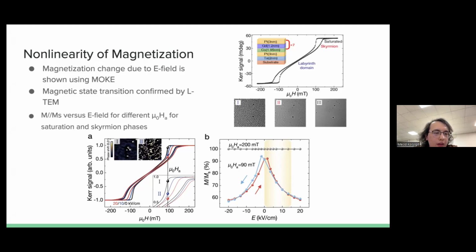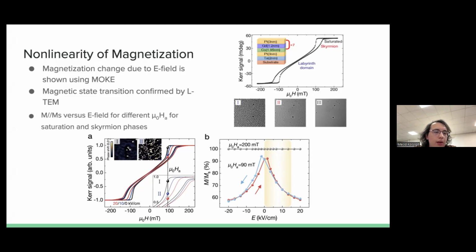So as shown on the upper insets of the figure A, the two MFM images, MFM meaning magnetic force microscopy images, are taken under the magnetic field of 90 milliteslas with no voltage applied for the first image and 10 kilovolts per centimeter electric field applied in the second image.